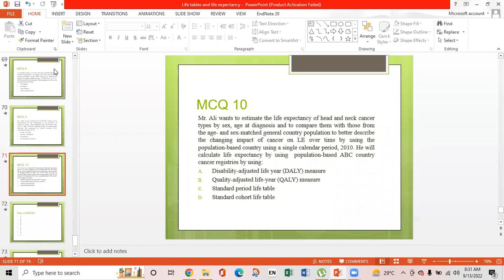He will calculate life expectancy using population-based ABC country cancer registration by using option A, disability adjusted life year measure; option B, quality adjusted life year; option C, standard period life table; and option D, standard cohort life table.